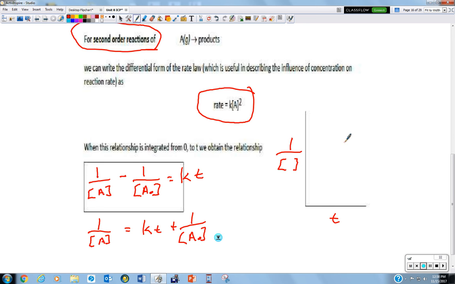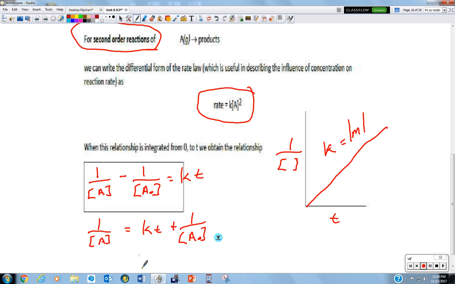And then again, on this one, we have a positive slope. So k is equal to m. And the whole thing about the absolute value, you just can't have a negative k. So k is always going to be a positive number, so that's why we say it's the absolute value of the slope.